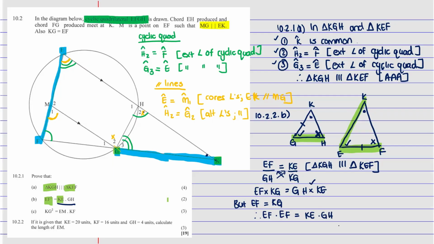Is everyone okay with that? Yes, ma'am. So therefore, we have what they want, which is EF squared is equal to KE multiplied by GH. So that's how you would answer this question. Is everyone fine with that?